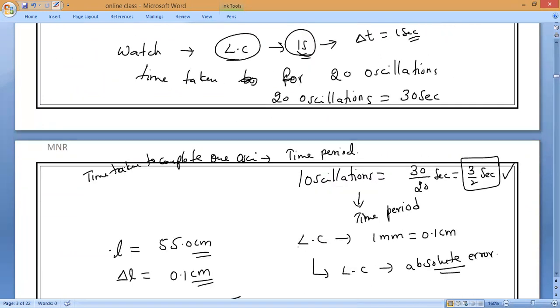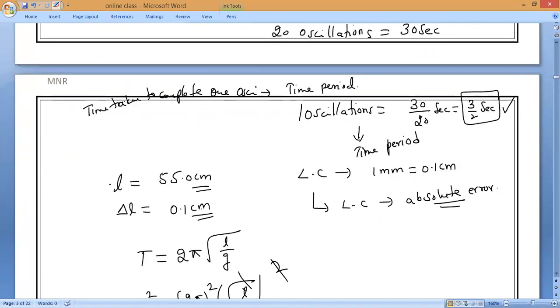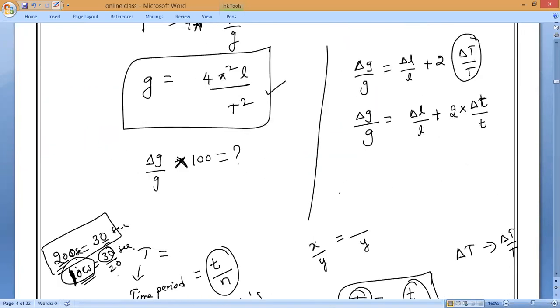Then what is the meter scale delta L, the least count here? 0.1 centimeter. Then substitute it, that's all, you'll get the answer. So we want percentage error.